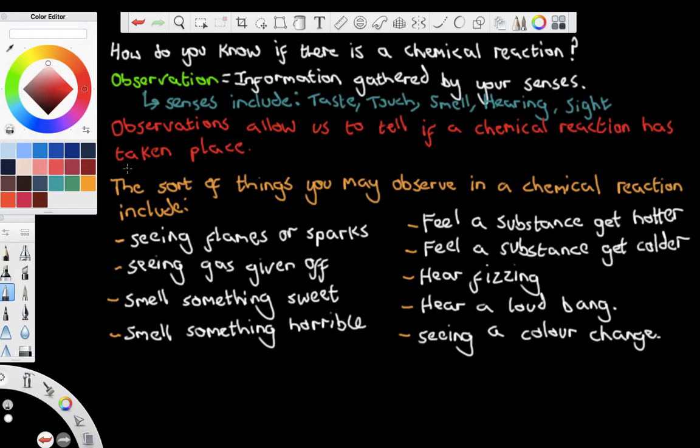The sort of things you may observe in a chemical reaction include seeing flames or sparks, seeing a gas given off, smelling something sweet or smelling something horrible, feel a substance get hotter, feel a substance get colder, hear a fizzing or hear a loud bang. You might even see a colour change. These are all indications that a chemical reaction has taken place.